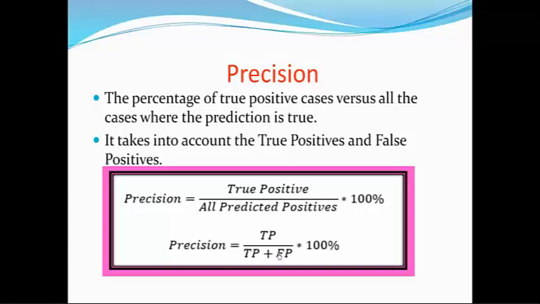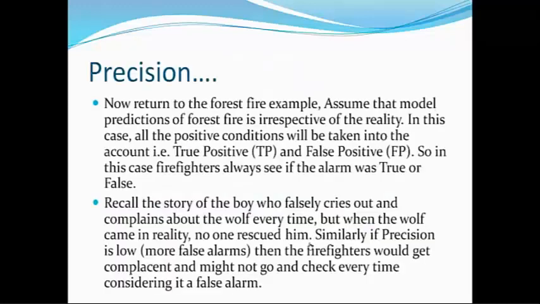So with the help of precision we have to calculate how many times the true positive cases are there versus all the predictions where the prediction is true. So precision equals true positive by true positive plus false positive, into 100. So in this case also the percent will come. Now return to the forest fire example.